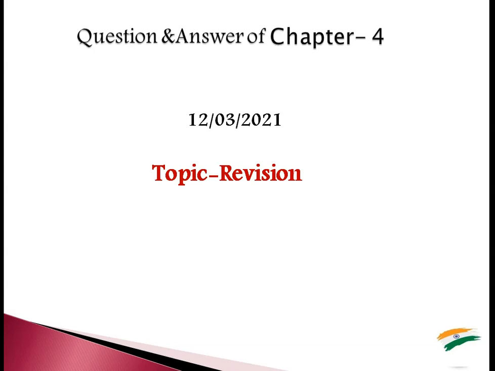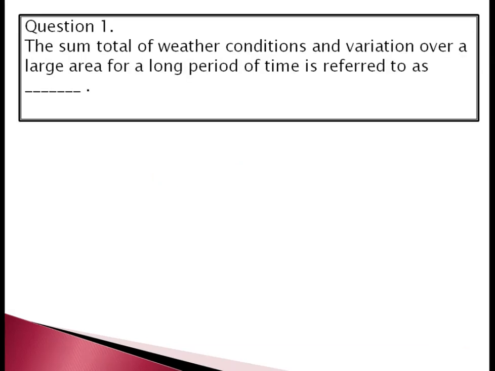Next, moving to question number 1. The sum total of weather condition and variation over a large area for a long period of time is referred to as. Dear cadets, just by reading this you can easily understand that this question is asking about the definition of climate.